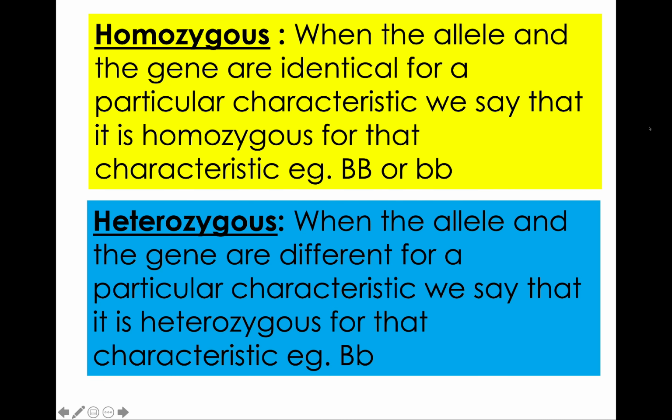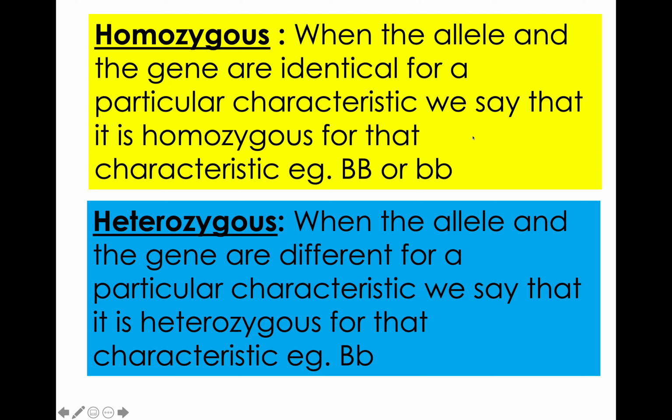So let's recap. What is the difference between homozygous and heterozygous? Homozygous is when the allele and the gene are identical for a particular characteristic. If that's the case, we say that the person is homozygous for that characteristic. Example, capital B, capital B or small b, small b.